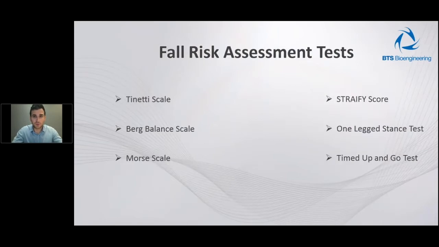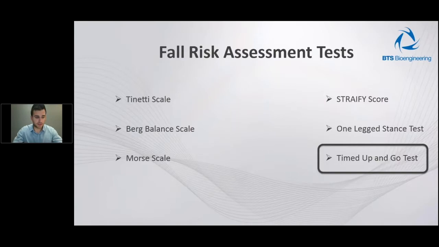The traditional falling risk assessments are questionnaires or scales, for example, the Tinetti scale, Berg balance scale, Moore scale, or others. Another standard test for the falling risk evaluation is the Timed Up and Go test.